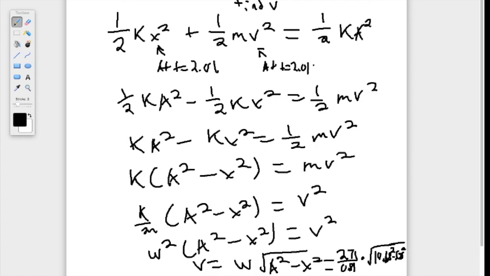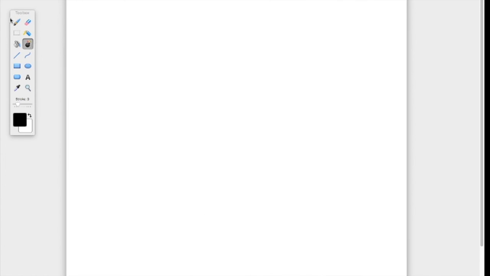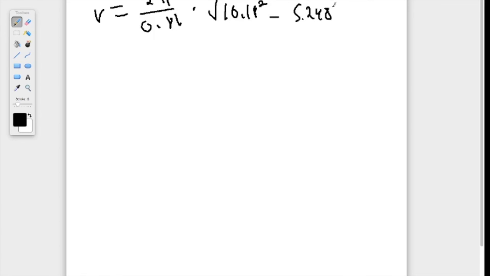So when you calculate all of that, you should get a value. Here, let me clear space. So v equals 2 pi over 0.81 times the square root of 10.18 squared minus 5.248 squared.